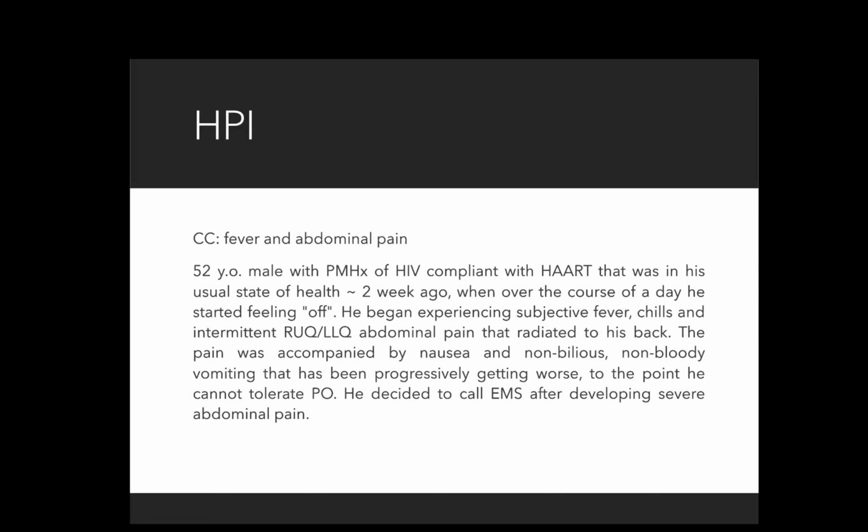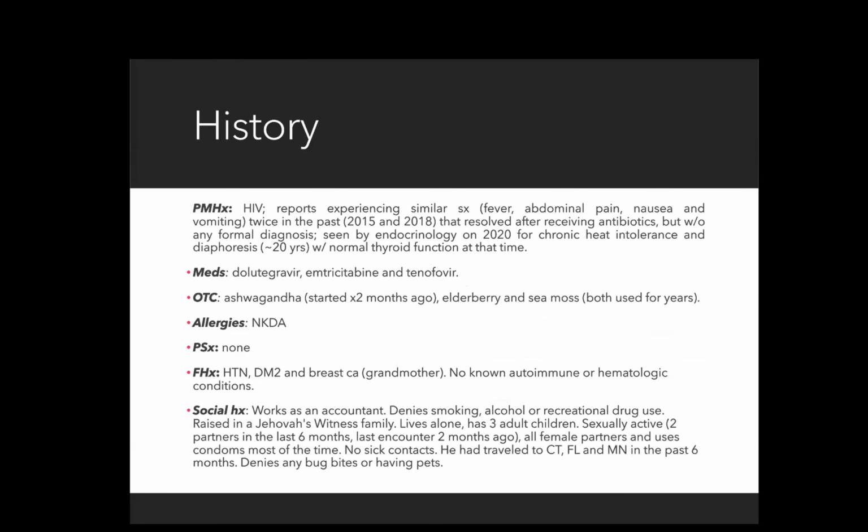All right, so I think that would be our third slide, Brissete. If you want to go ahead and share some of the past medical history with us. So this is the past medical history. He has HIV. He reports a little bit further, to get into what we had in the chart. He saw endocrinology back in 2020 because of heat intolerance and diaphoresis. At that time, they checked the TSH and everything was normal. They asked the patient directly, and he said that he had similar episodes in the past, back in 2015 and 2018.